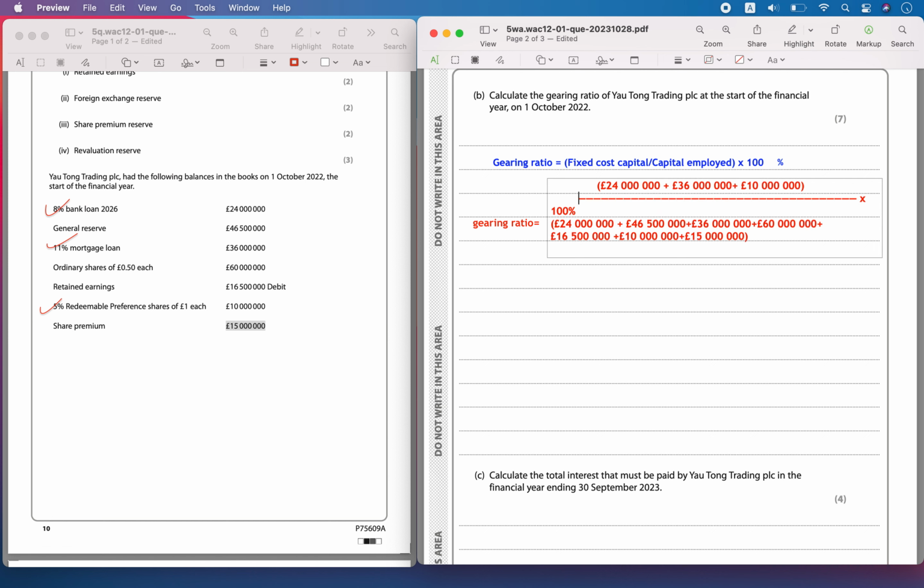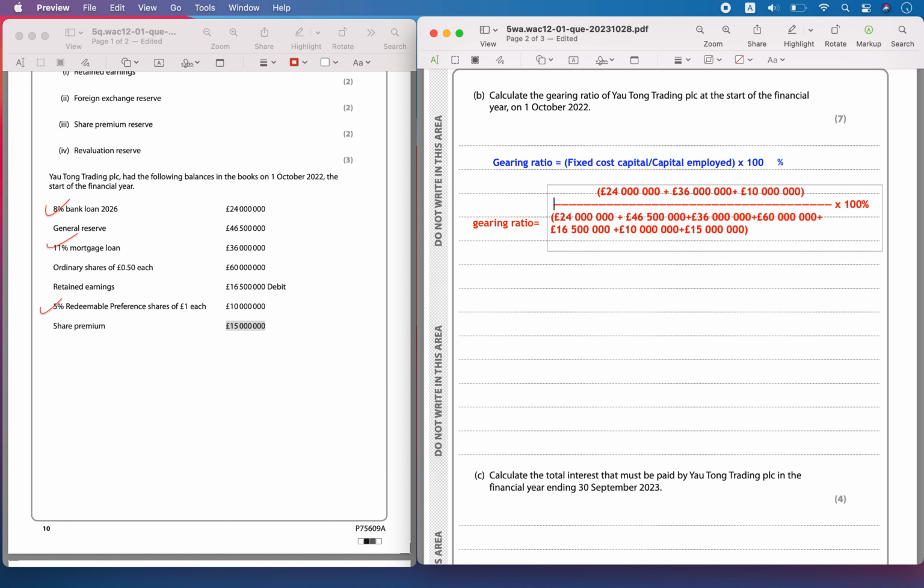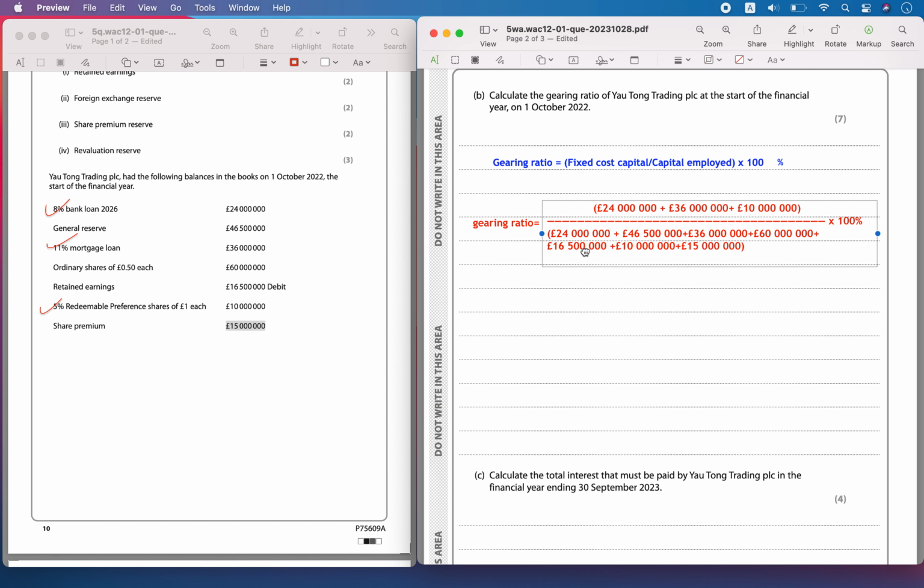Now let's calculate the gearing ratio. So 24 million plus 36 million plus 10 million is going to be equal to 70 million, divided by the capital employed.